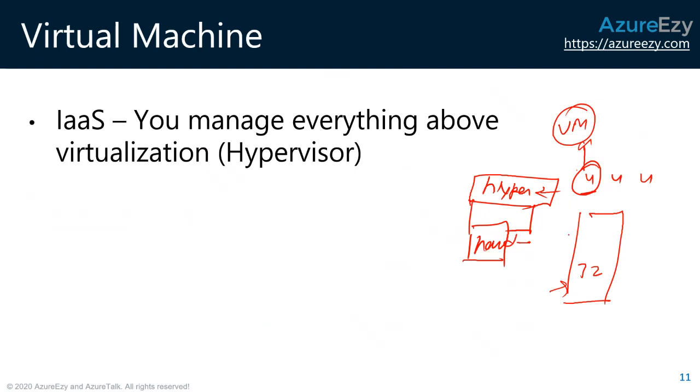You buy a bulky server from some vendor, and then you install a hypervisor, which is a VMware solution, or it may be Hyper-V, for example, from Microsoft. You install it, and using that, you divide that particular hardware into small chunks, and that is what you call a virtual machine.